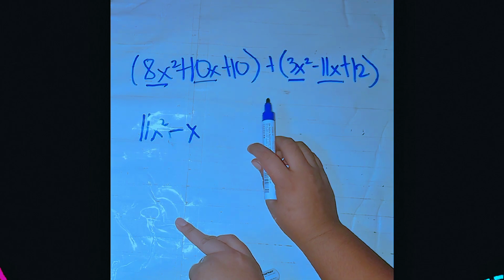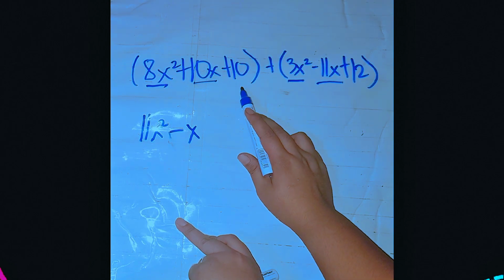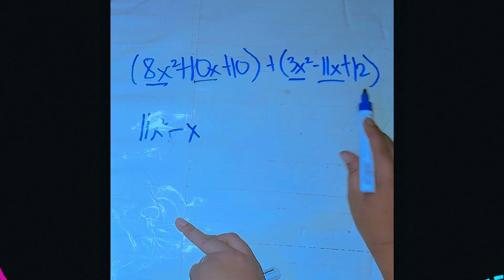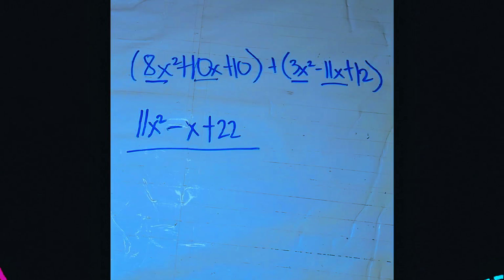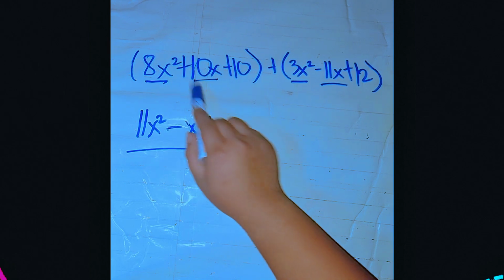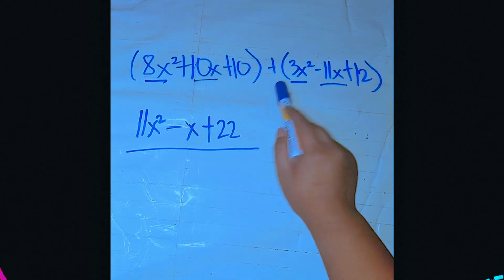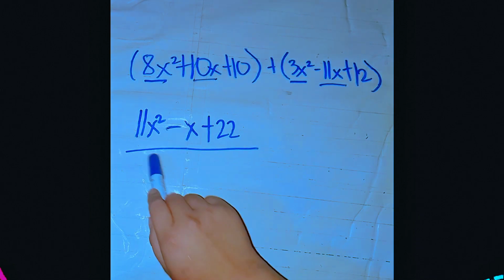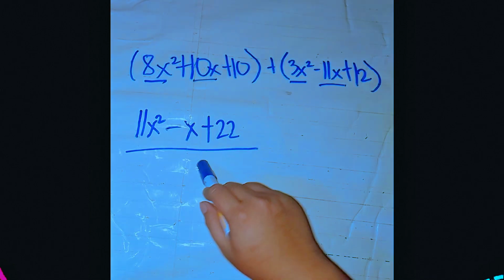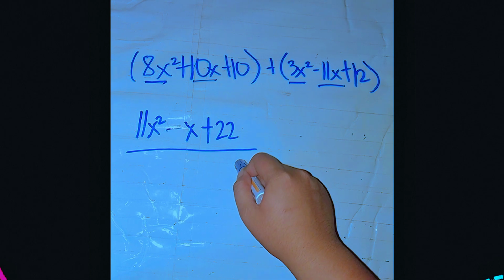Then we will have the constant term. Positive 10 plus positive 12 is equal to positive 22. And there you have it. 8x squared plus 10x plus 10 added to 3x squared minus 11x plus 12 is equal to 11x squared minus x plus 22. Right?